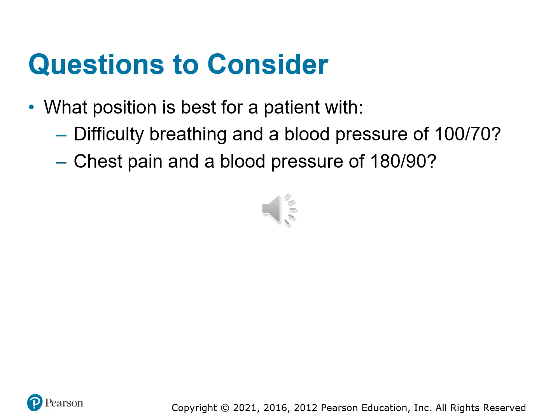This poses the question on positioning for patients. If you have a patient who's having difficulty breathing and their blood pressure is 100/70, what is going to be the best position for this patient?